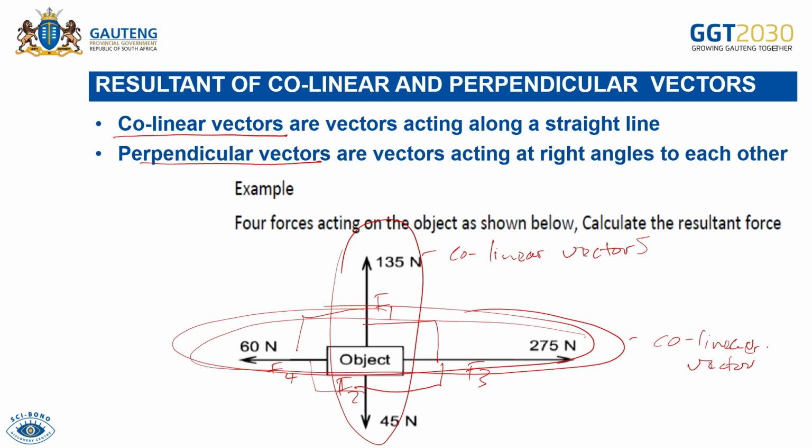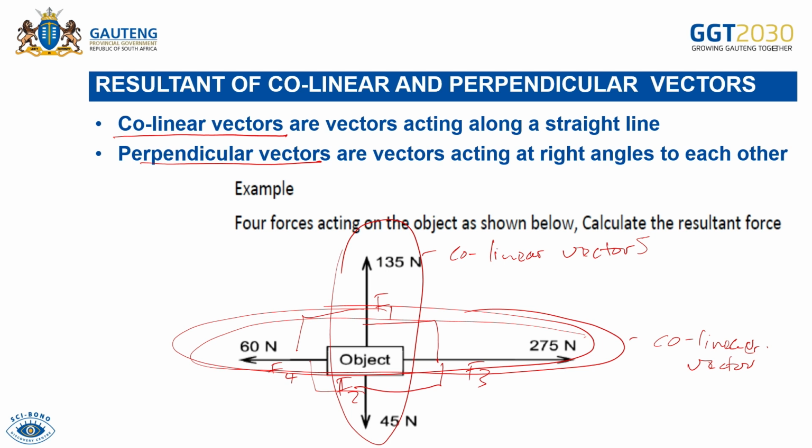Where are we going to start? Already we know how to find the resultant of vectors acting along a straight line, or collinear vectors. That's what we did in grade 10. And we can find that either by calculations or by scale drawing, using either the tail-to-tail method or the tail-to-head method.